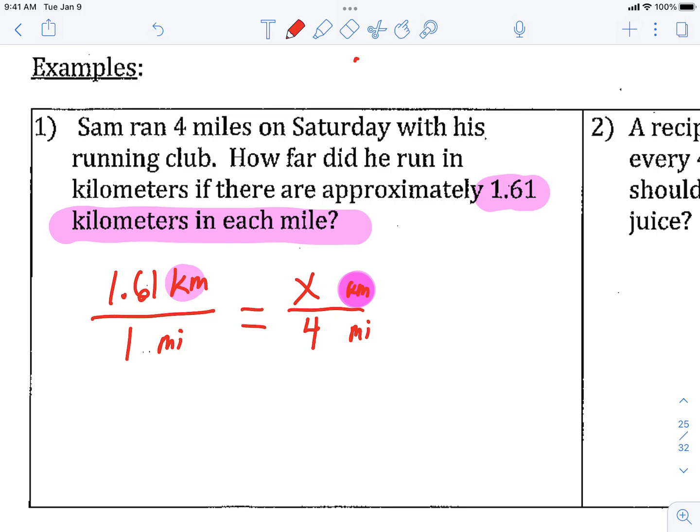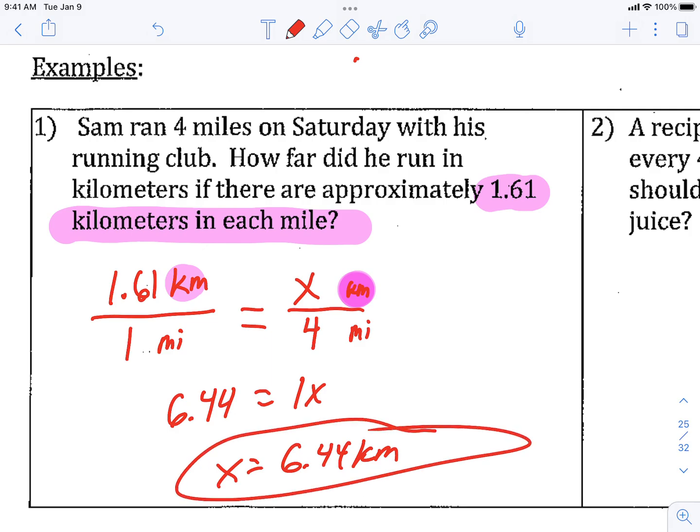So now we have a proportion just like we had on the other page, where we're going to cross multiply, and we're going to do 4 times 1.61, and we're going to get 6.44 equals 1x. And then we just divide by 1, of course, and we get 6.44 kilometers. Units, very important.